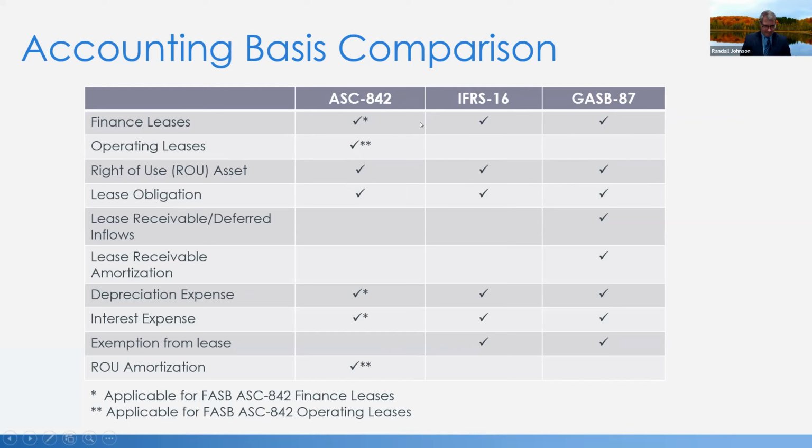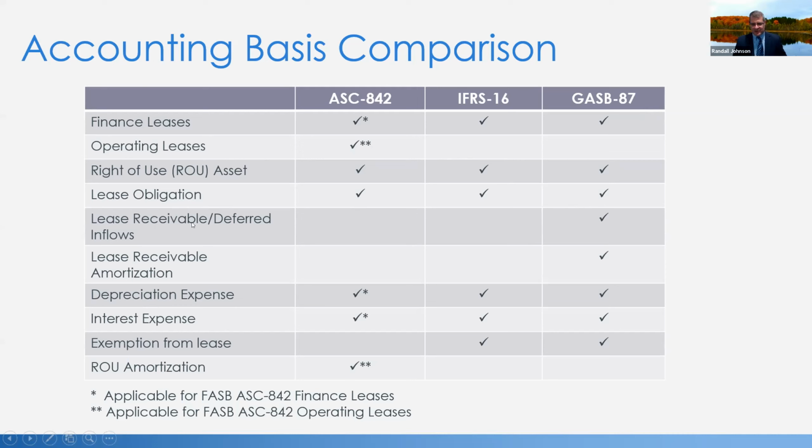In fact, I'm unbelievably surprised at how well the three organizations kind of got together and gave similar guidance across the board. There are some differences in operating leases and most notably receivable leases. What you can see and what we'll show you when Sanjay starts sharing his screen is it's the GASB requirements that are different on the receivable side.